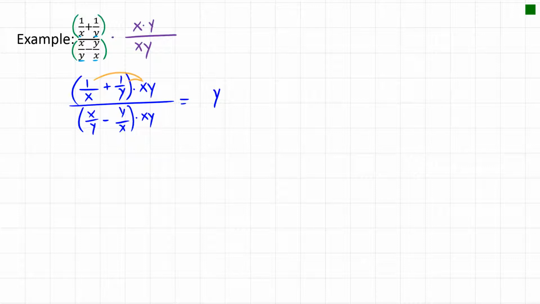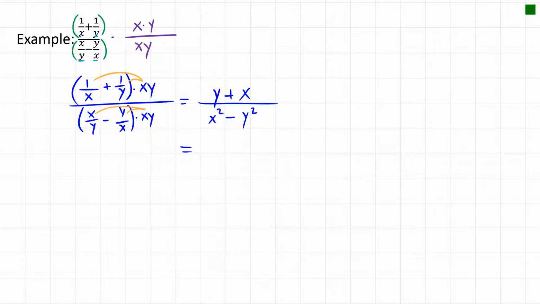When I multiply xy times 1 over y, the y's cancel and I'm left with just x. In the denominator, I multiply xy times x over y, the y's cancel and I'm left with x times x, which is x squared. And I have minus, well, x times y times y over x, the x's cancel and I'm left with y squared.